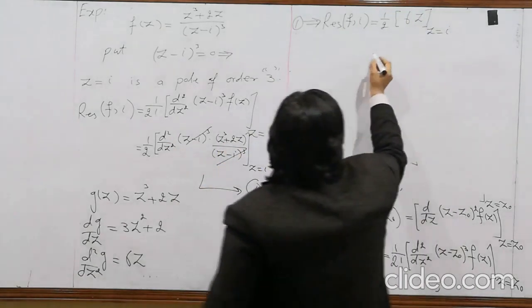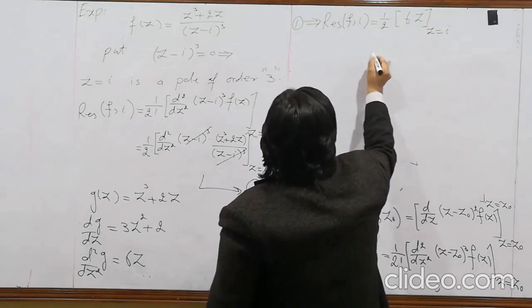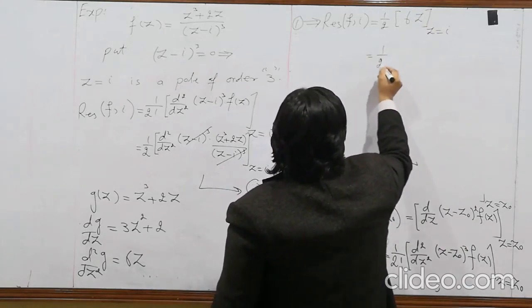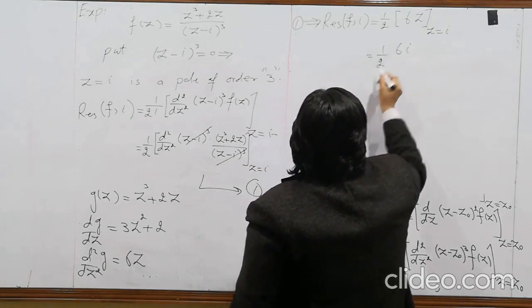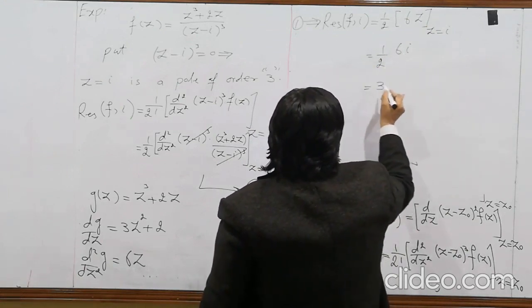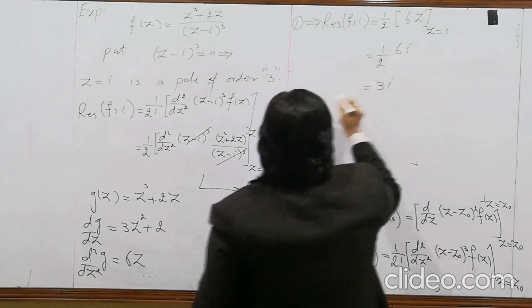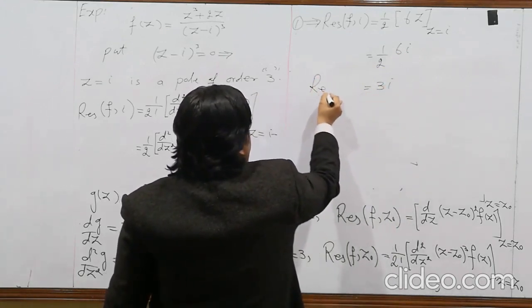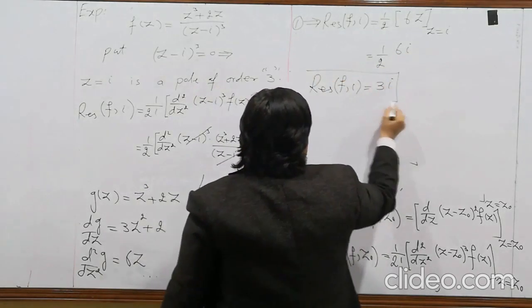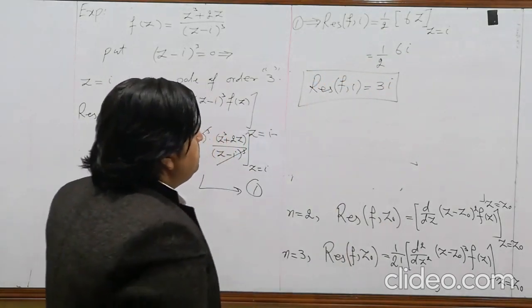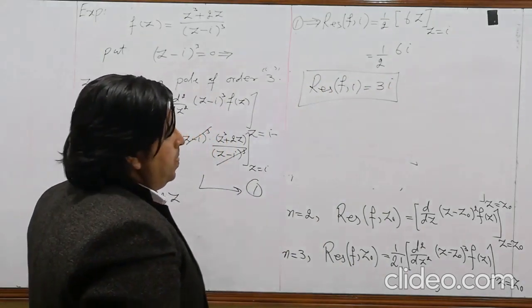Now we have to put this point inside. So if I put this point, I will get 1 over 2 into 6 iota. If I simplify these 2 terms, I will get 3 iota. So the residue of the function f at the point iota is equal to 3 iota.